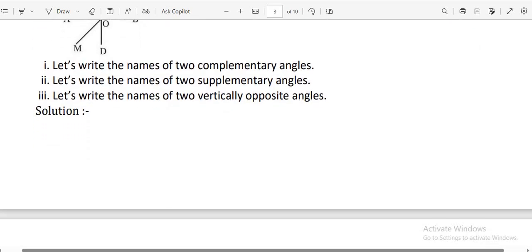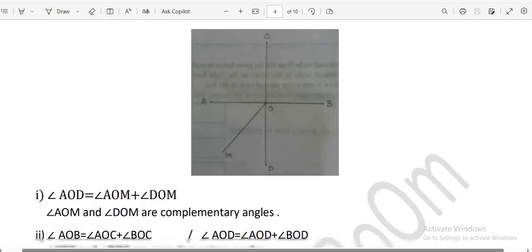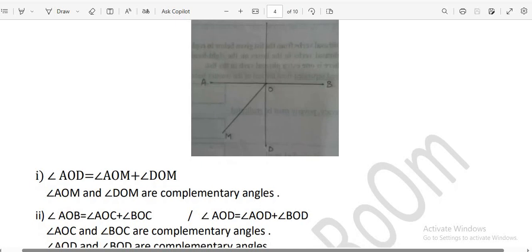The solution: from the figure, question number 1. A complementary angle is defined as a pair of angles which sum up to 90 degrees.